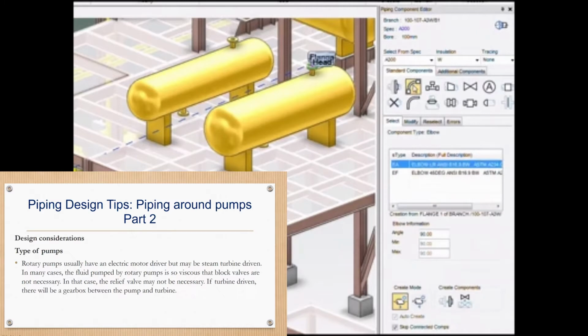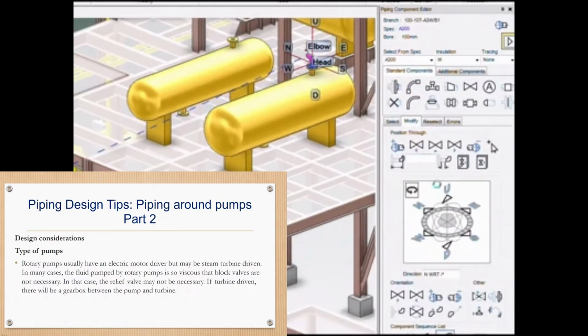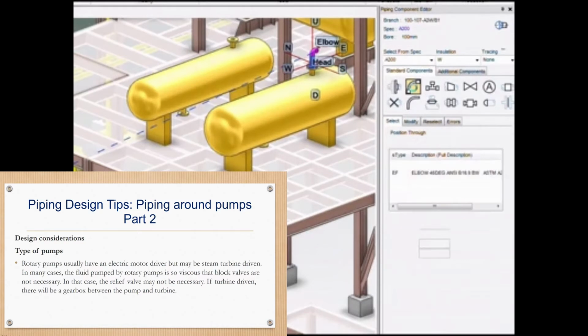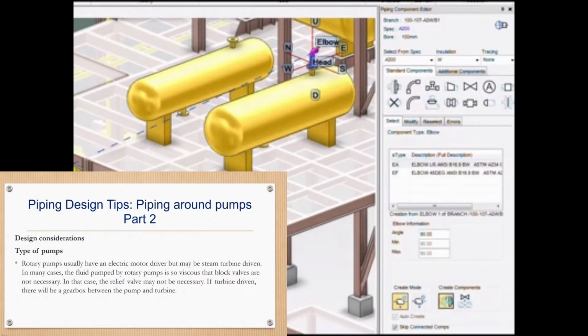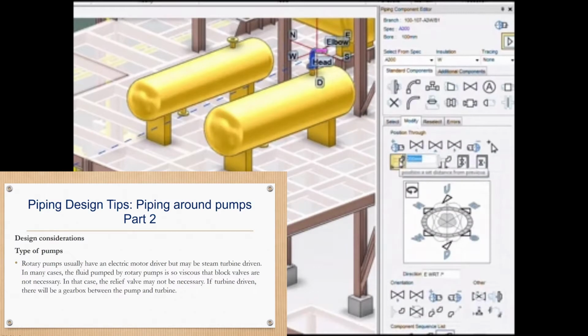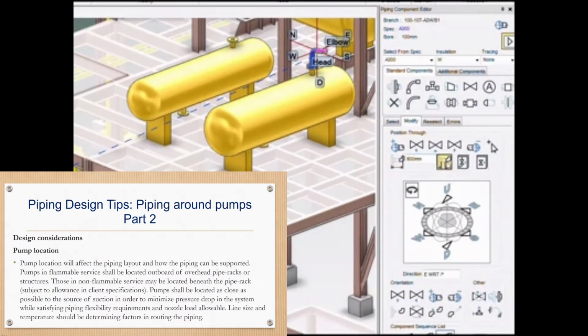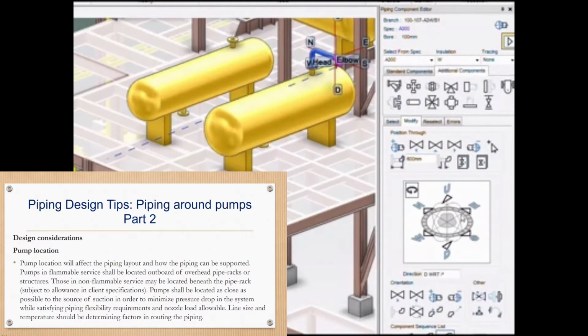Pump location. Pump location will affect the piping layout and how the piping can be supported. Pumps in flammable service shall be located outboard of the overhead pipe racks or structures. Those in non-flammable service may be located beneath the pipe rack or structures.